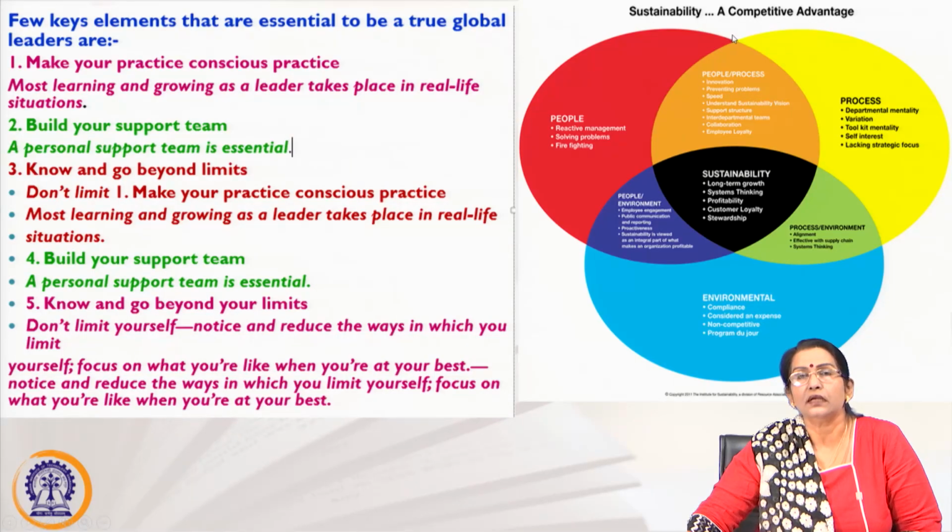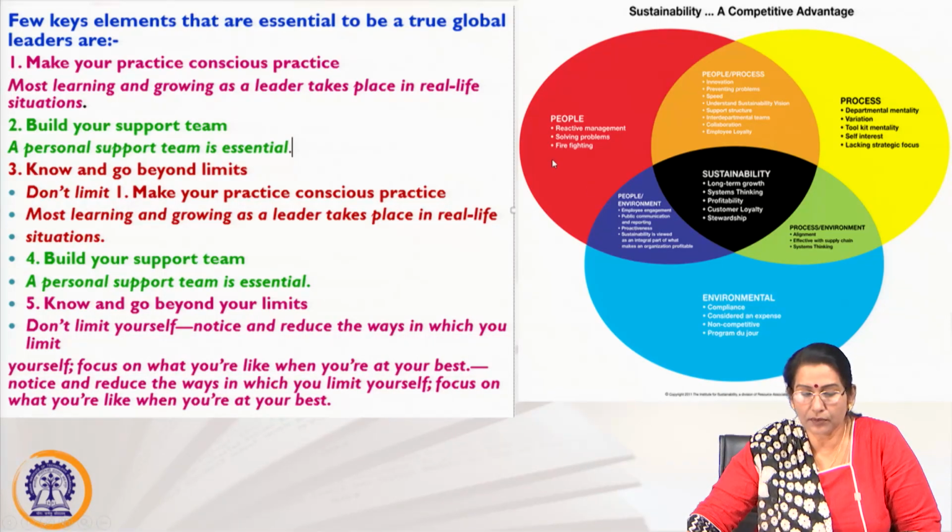So, these are the overlapping areas of these drivers. Suppose these are the three drivers: people, process and environment. When the domains of people and process interact with each other, these are the overlapping areas, and emerging issues come up, and how we handle those issues.